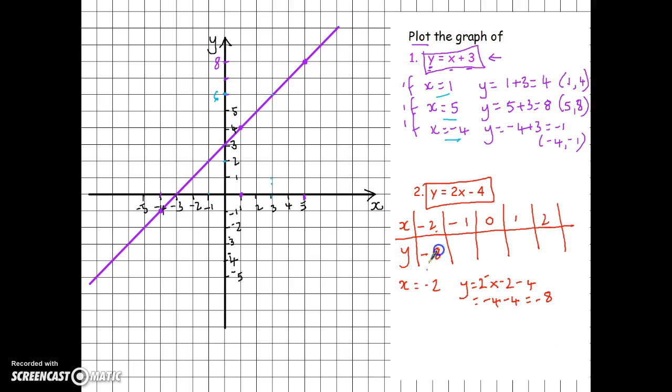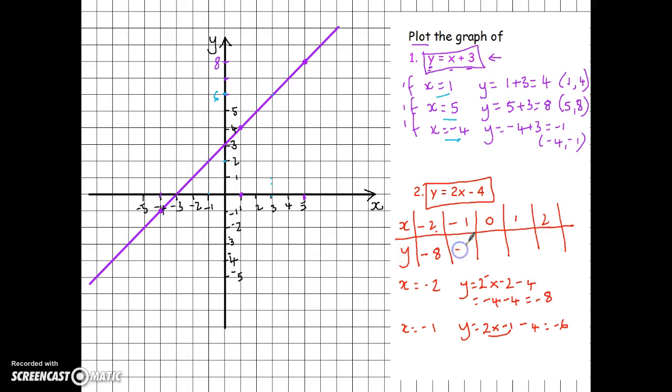So minus 8 goes in here. If x is minus 1, and the rule says that the y value is 2 times the x value, which is minus 1, take 4. 2 times minus 1 is minus 2. Take away 4, minus 6.